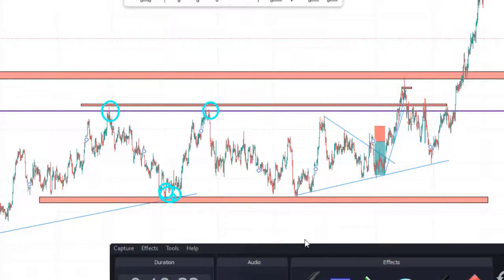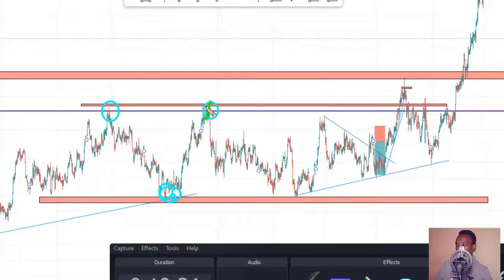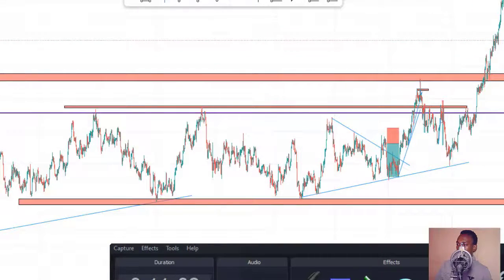When the market finally gets to this zone, traders would use their entry criteria to find an entry within here. Basically, since the market has touched here, what we'll be looking at is to use our strategy and enter a trade within here.